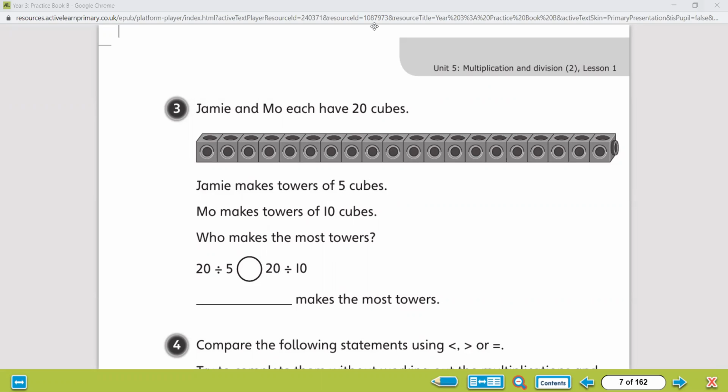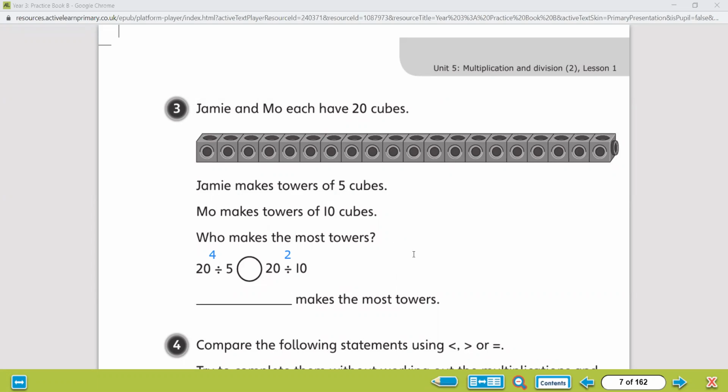So this lets me make 4 groups, and this lets me make 2 groups.